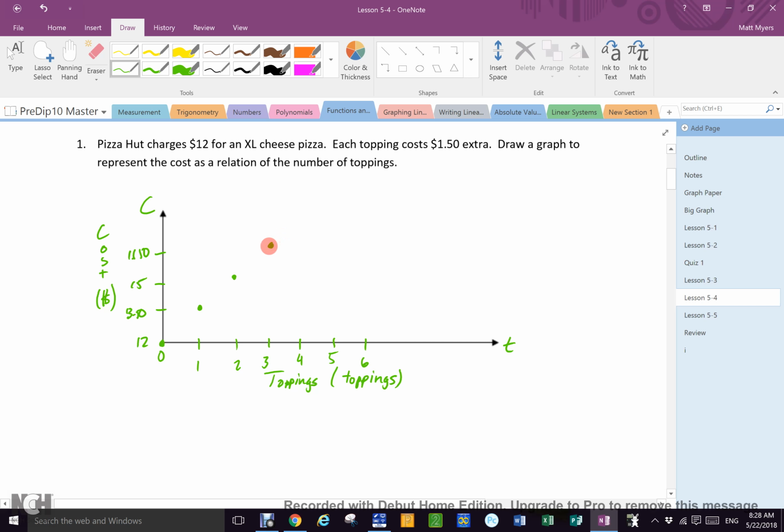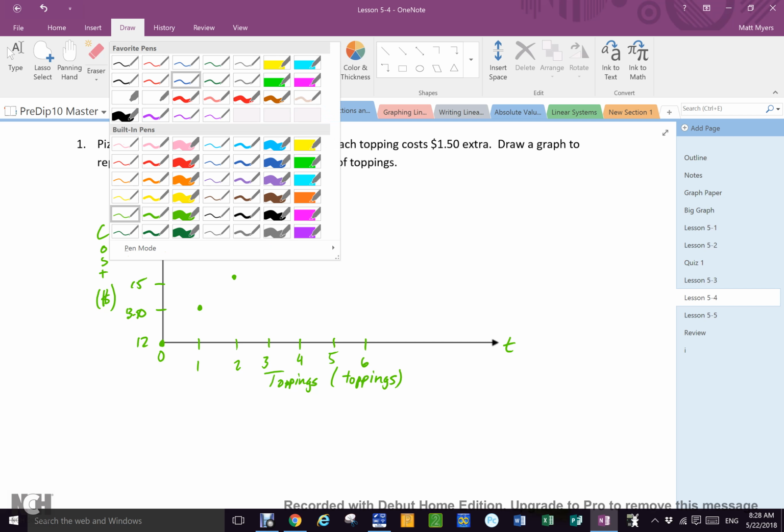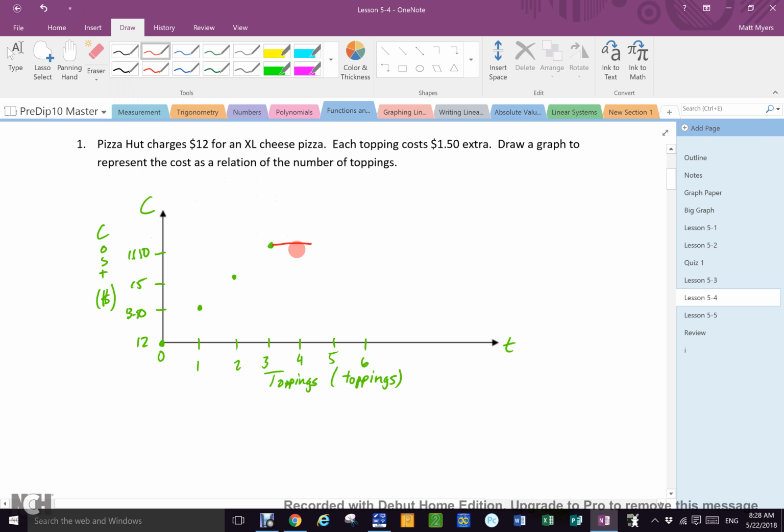Where's the next dot going to be? 18 on the y-axis, and what on the 4? So I'm going to go that way 1, and I'm going to go that way how far? 1.5, right? Where's the next one going to be?